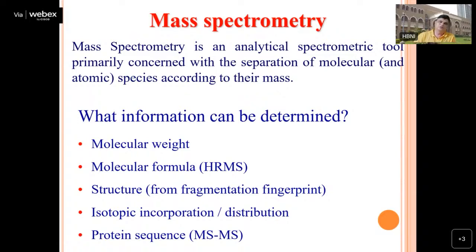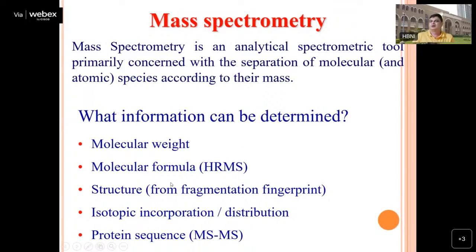Now coming to the last part of today's lecture, that is mass spectrometry. See, mass spectrometry is an analytical spectrometry tool primarily concerned with the separation of molecular species according to their masses. What information can be determined from mass spectrometry?